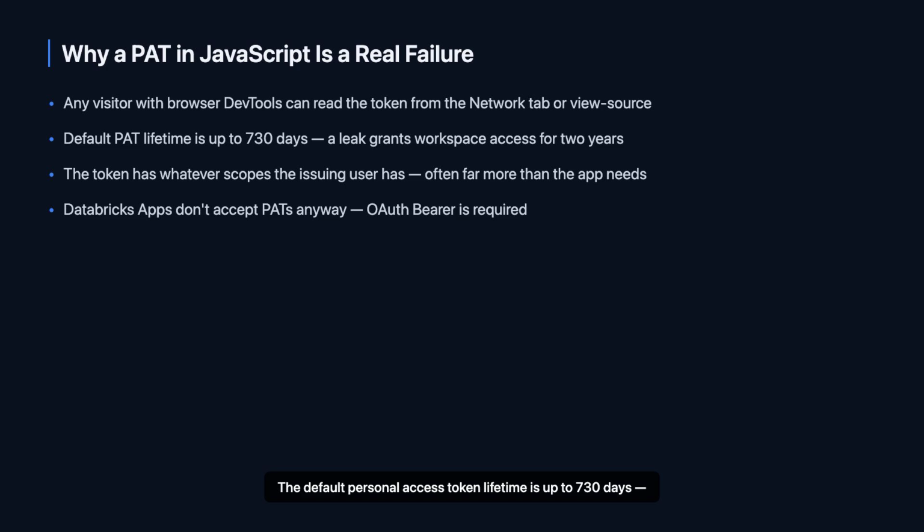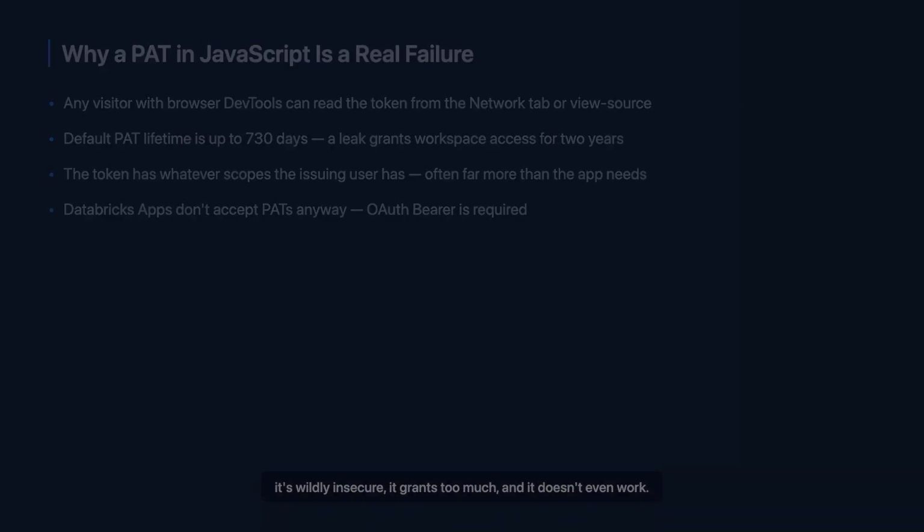That's 2 years of workspace access from a single leak, unless an administrator notices and revokes it. The token carries whatever scopes the issuing user has, which in practice is almost always far broader than the app actually needs. And on top of all that, Databricks apps don't accept personal access tokens anyway. OAuth bearer is required. So the pattern fails on 3 different axes. It's wildly insecure, it grants too much, and it doesn't even work.